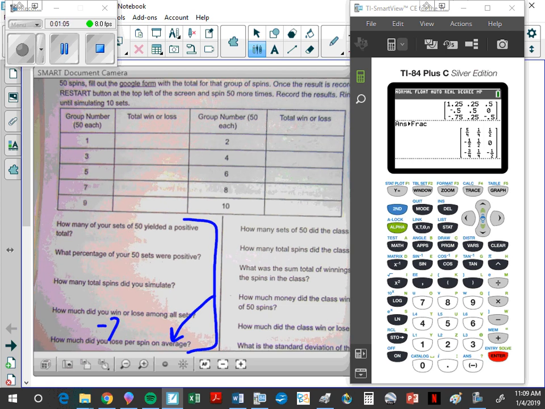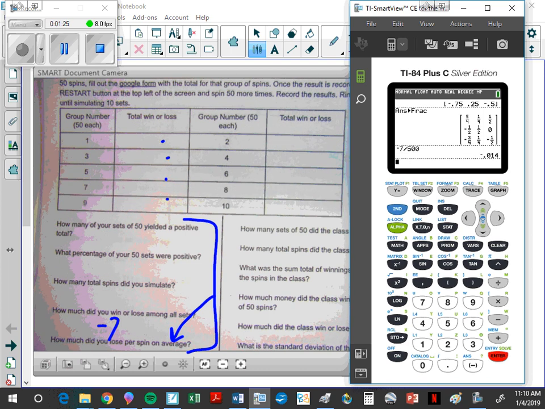Okay, so I have $7 in the hole. How do I calculate how much I lost per spin on average? I did 500 spins, 50, 10 times. So I take -7 and I divide by 500, and I ended up losing 1.4 cents per spin, essentially.